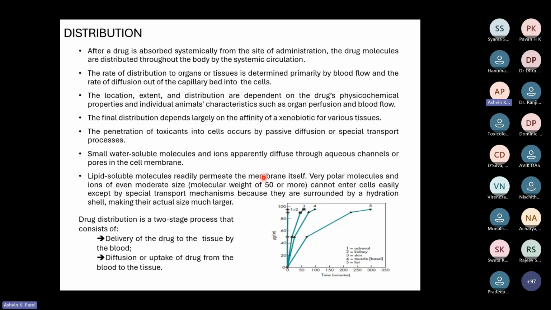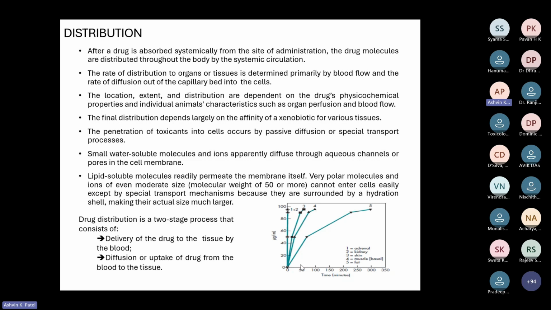Location and extent of distribution depend on the drug's physiochemical properties. The final distribution depends largely on the affinity of the xenobiotic for the various tissues. The penetration of toxicants into the cells occurs by passive diffusion, or sometimes there is a special transport process.